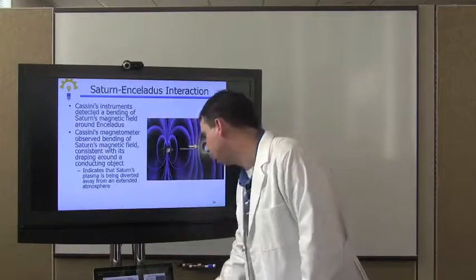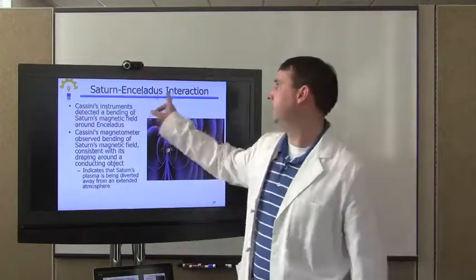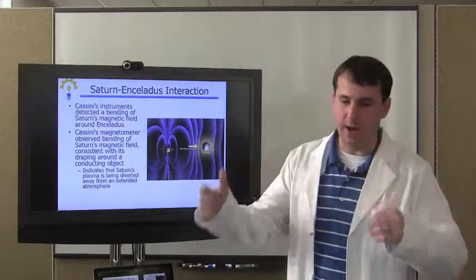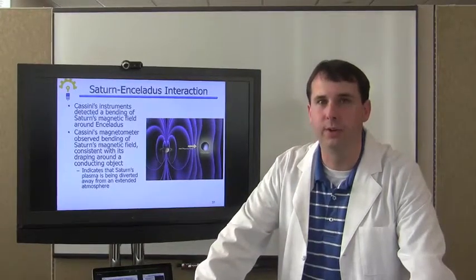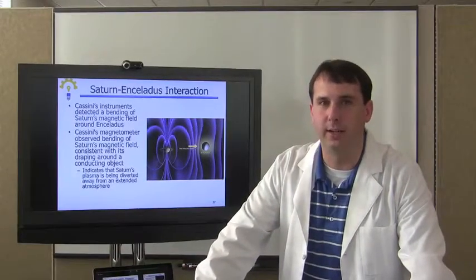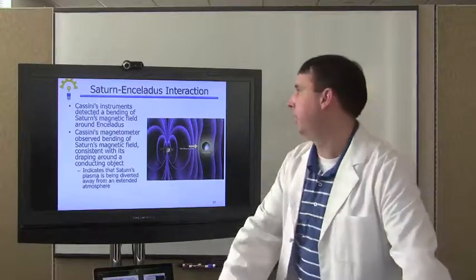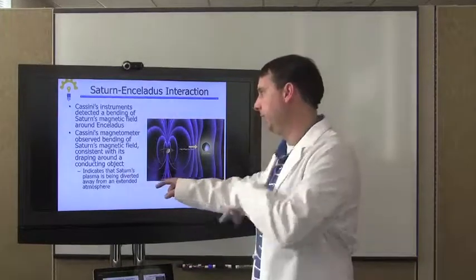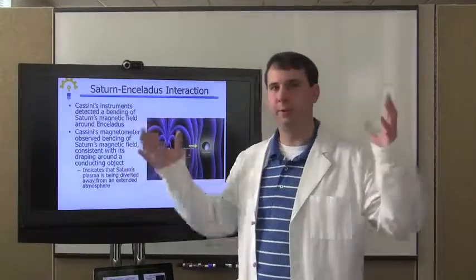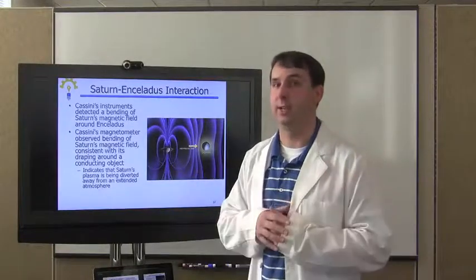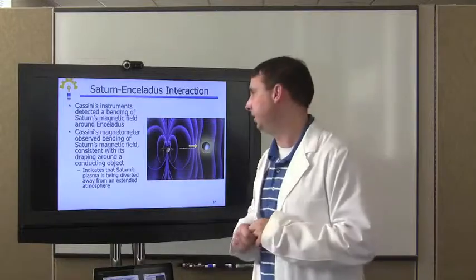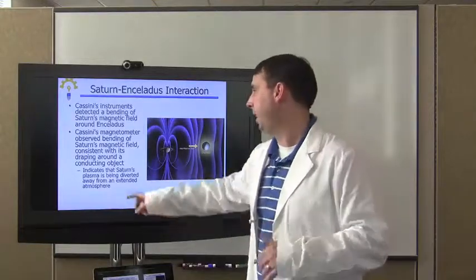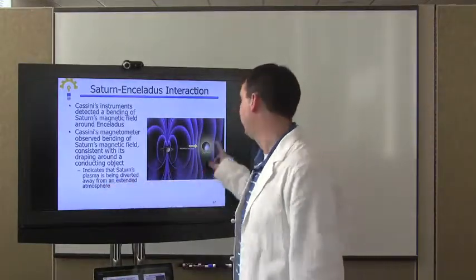So, the Saturn and Enceladus interaction. When Cassini flew by, it was measuring Saturn's magnetic field, and it noticed that the magnetic field changed a lot as it got by Enceladus. Scientists have determined that Saturn's plasma is being diverted away from Enceladus.